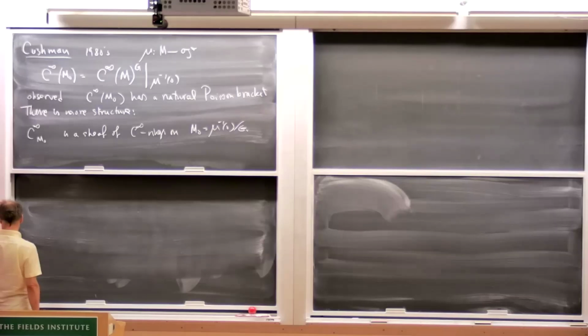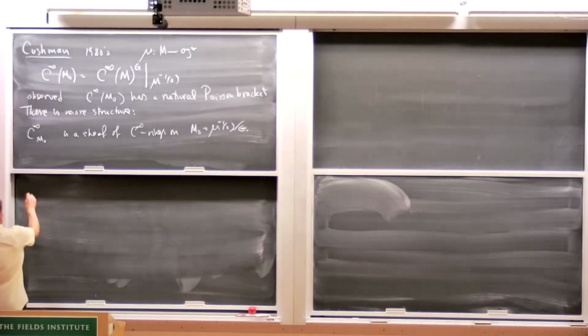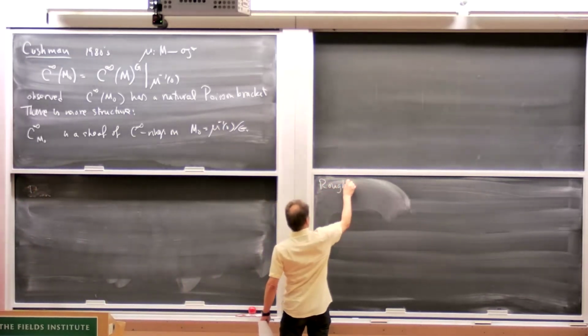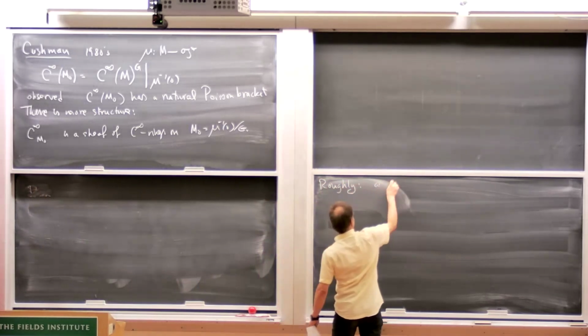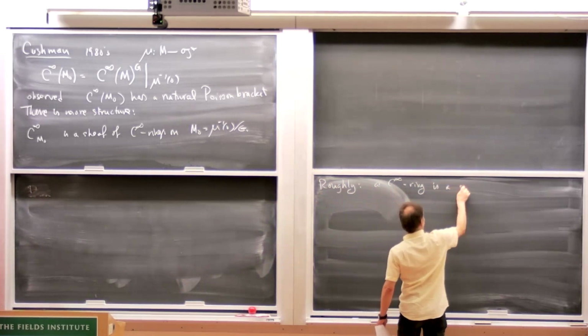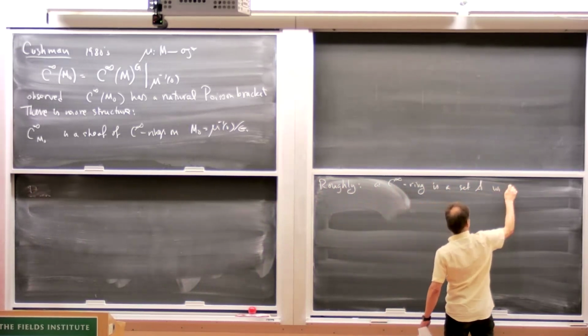Okay, so what's a C infinity ring? Roughly, probably I shouldn't do it here. A C infinity ring is a set A with operations.